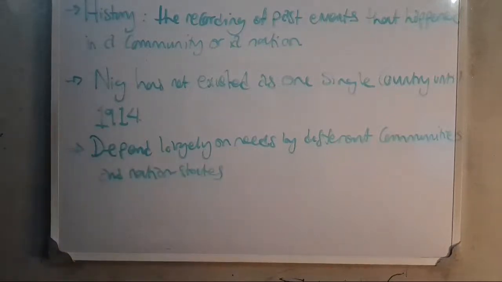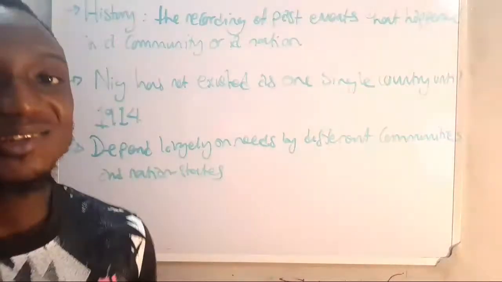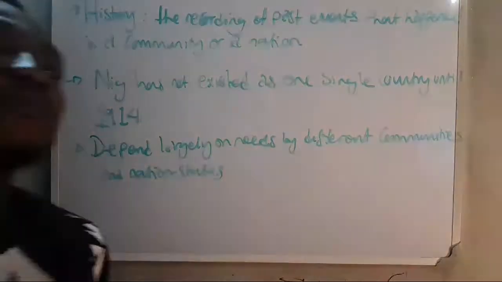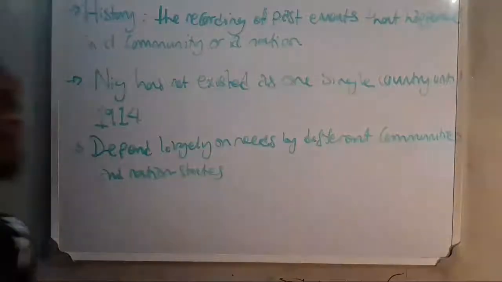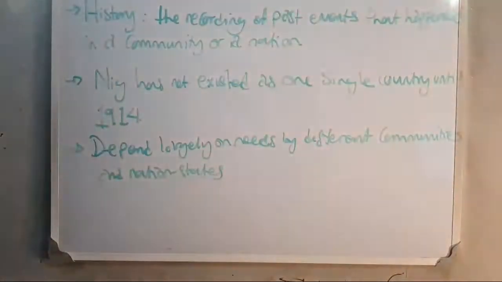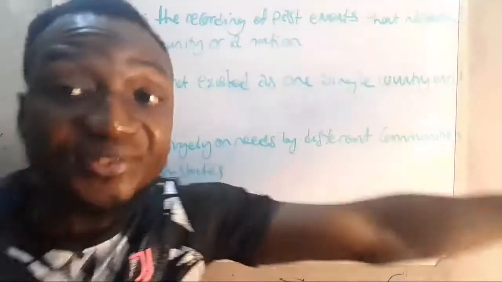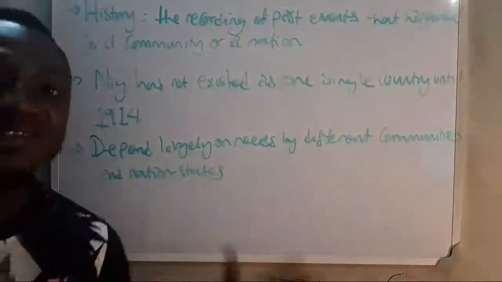Now this simply means that before Nigeria became amalgamated, the Northern and Southern Protectorate did not have the same needs; what works there does not work here. So the need for development of the curriculum was specifically for what a particular community sees as norms, and what the nation state on the other hand sees as norms.